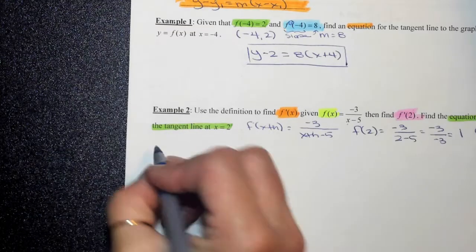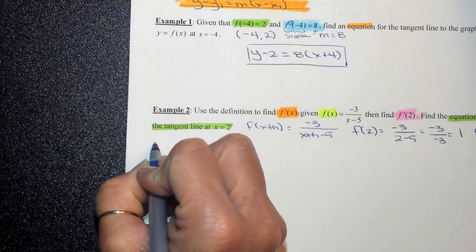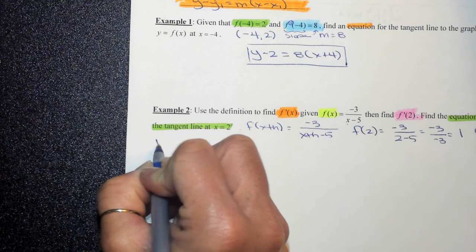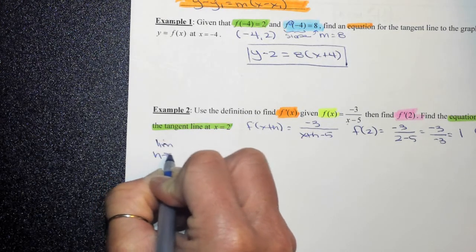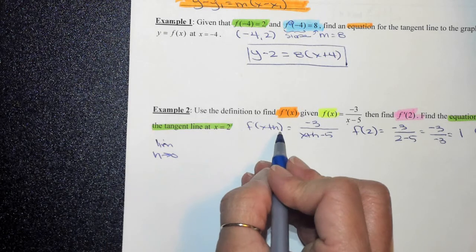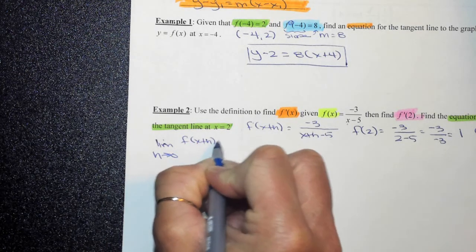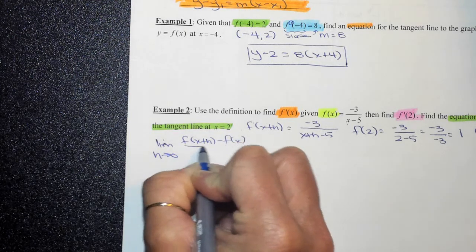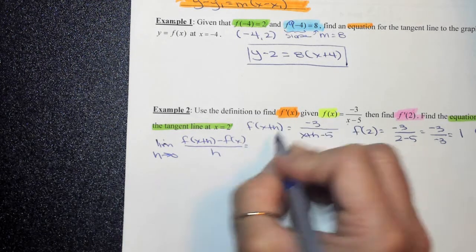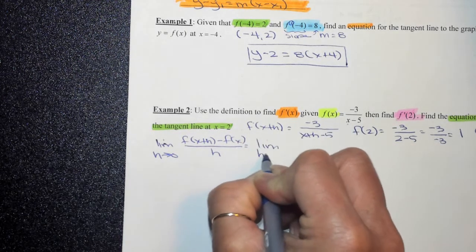So here we go. We've got the limit as h approaches 0 of f of x plus h minus f of x, all over h, which is now equal to the limit as h approaches 0.